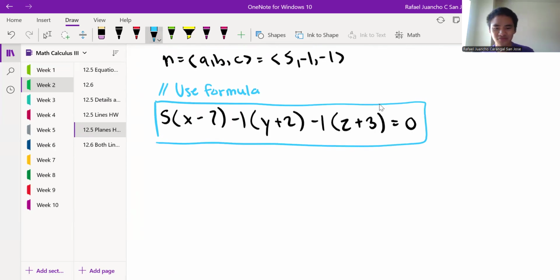We can simplify, but I don't want to. So 5 times x minus 7, then minus 1 times y plus 2, then minus 1 times z plus 3, and that's equal to 0.